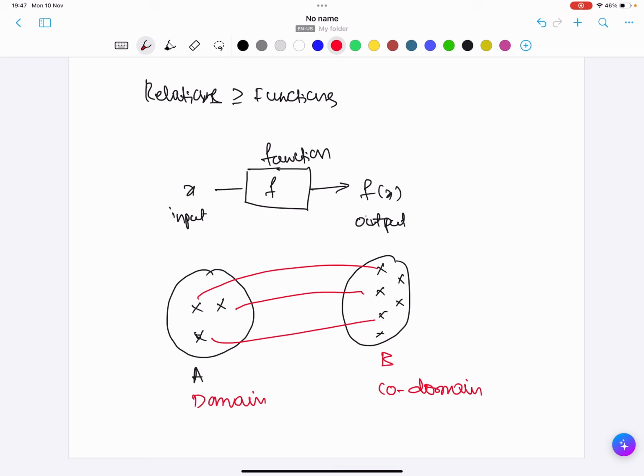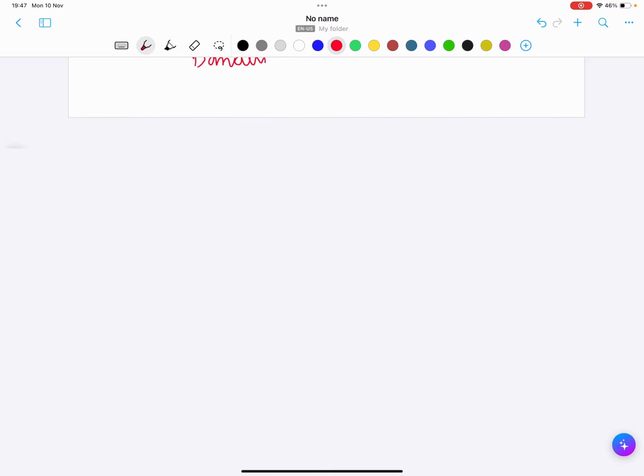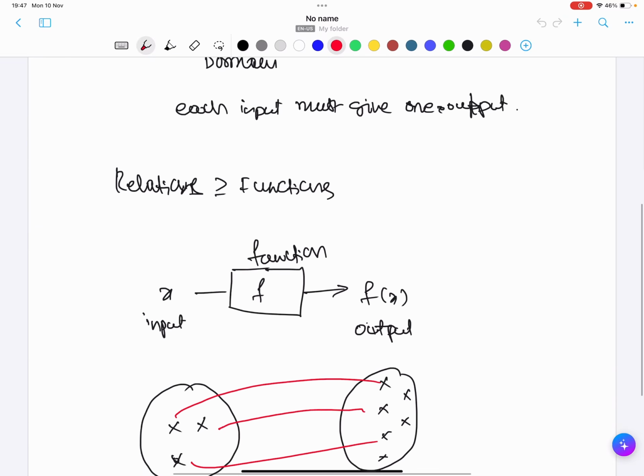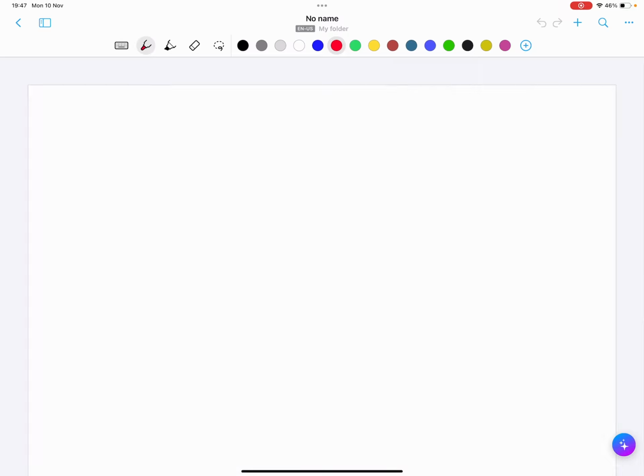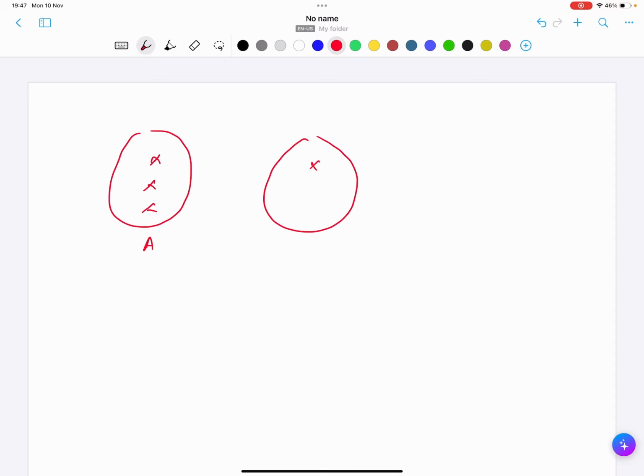There are scenarios where you can map all inputs to exactly one output. We call it a constant function. That means whatever the inputs in A are, the output is a single element in B, the codomain.